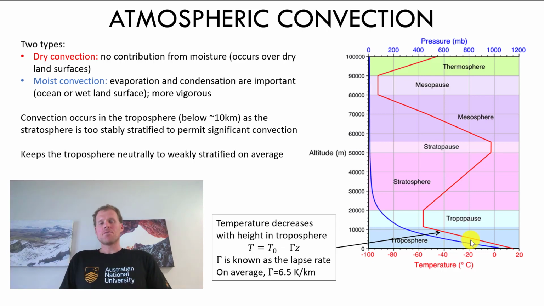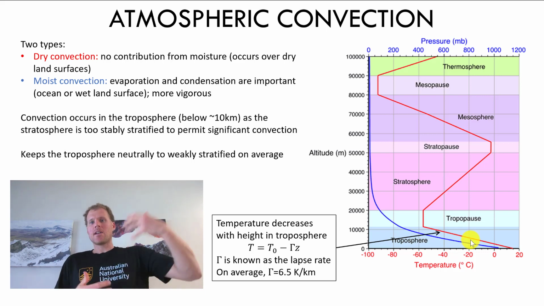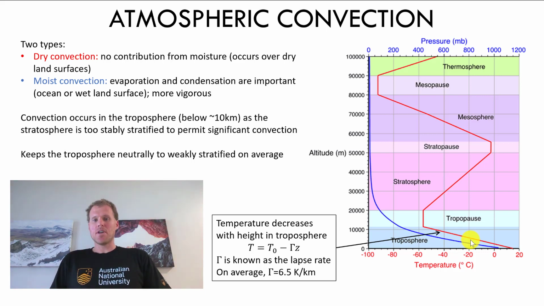And typically it's too stably stratified to allow any convection. We saw an example of where a plume from the troposphere can project up into the stratosphere with the stratified plume volcano example from a couple of videos ago. But in general, the stratosphere does not have convection, whereas the troposphere convects all the time.